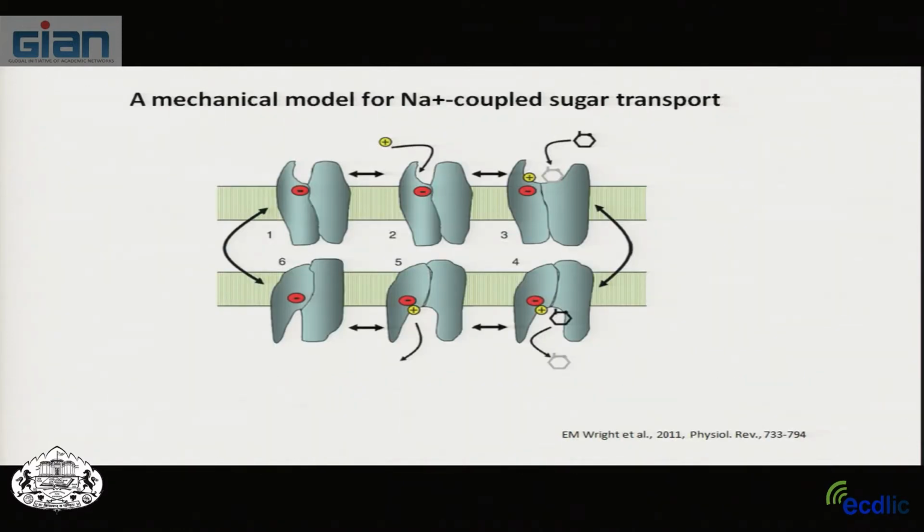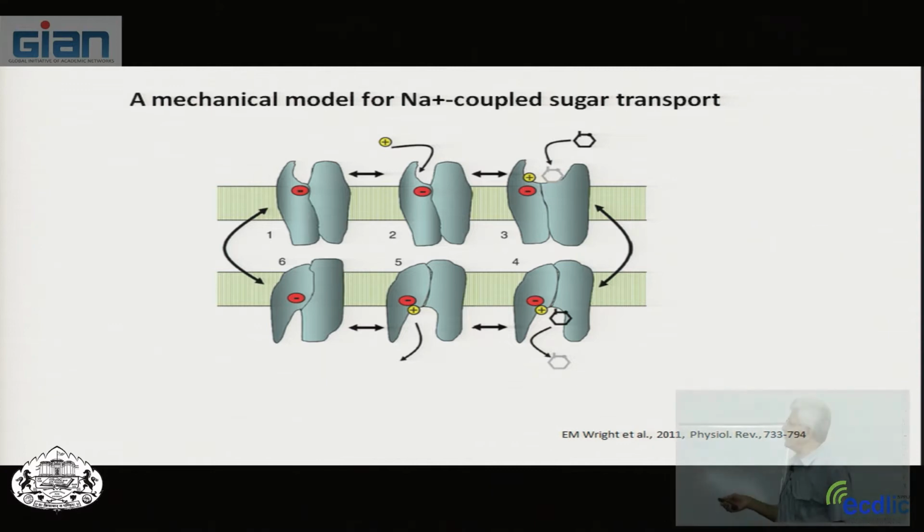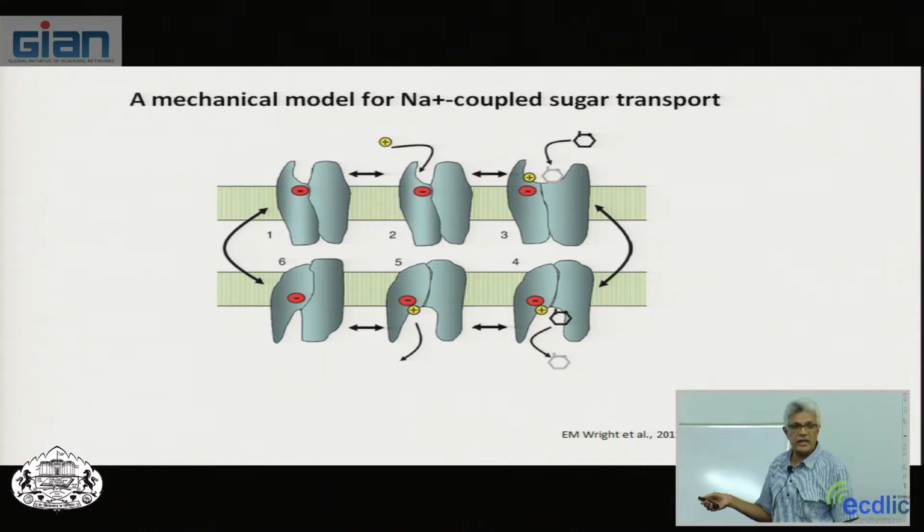So we'll come to here. Essentially what it means is that when you have a gradient or a higher concentration on one side, in this case, as we discussed earlier, there is a membrane potential which is positive outside and negative inside.